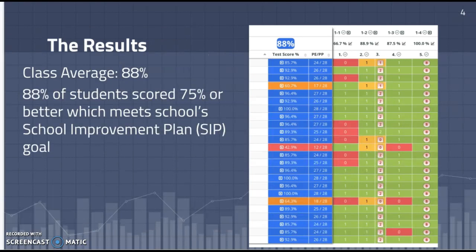Overall, my class did really well. Our class average was an 88%. This beat our school improvement plan's goal of having 80% of students score 80% or higher on a test. It also met the county goal, which is that 75% of students will score 80% or higher on benchmark assessments.